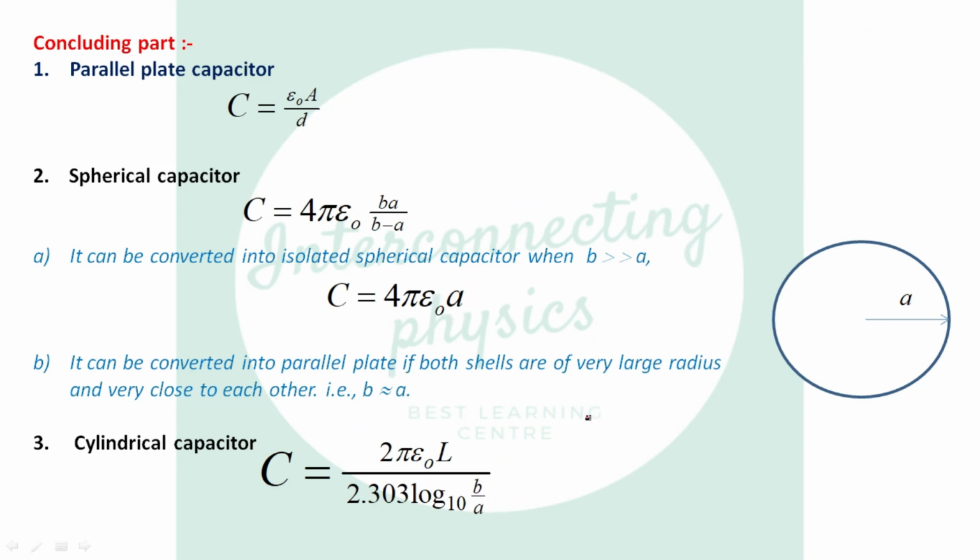If we introduce some dielectric in the cylindrical capacitor, having dielectric constant K, then the capacitance of the cylindrical capacitor will increase K times the capacitance when there was free space between the two plates of the cylindrical capacitor. So this was all about today's lecture.